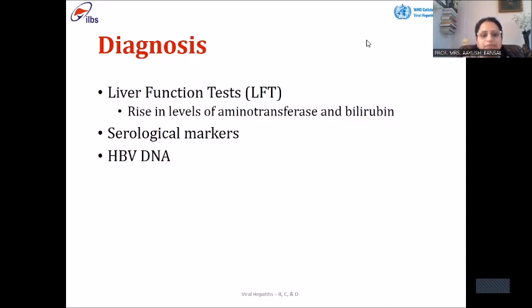Second is serological markers. What are the serological markers? Serological markers are antigens like HBsAg, HBeAg, the envelope antigen, and antibodies like anti-HBs, anti-HBc, anti-HBe, IgM anti-HBc, and IgG anti-HBc.